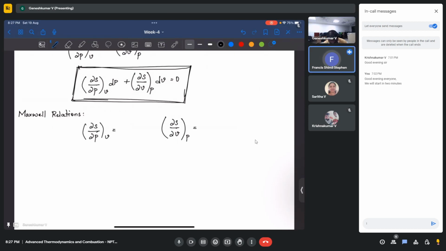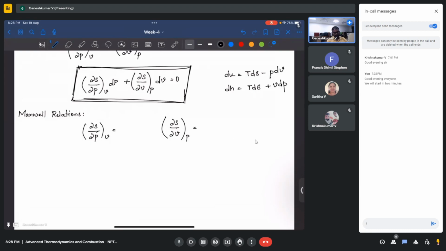I have a question: why can't these TDS equations be used in a chemical reaction process? I found a statement that the TDS equation cannot be used when there is a chemical reaction. Which TDS equation? There are two TDS equations, right? δQ is equal to TdS minus PdV. This is one relation. dH is equal to TdS plus VdP.